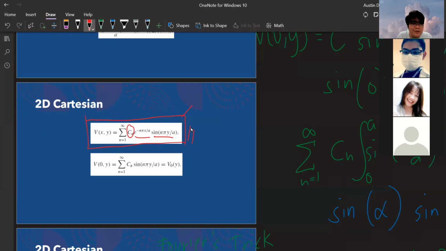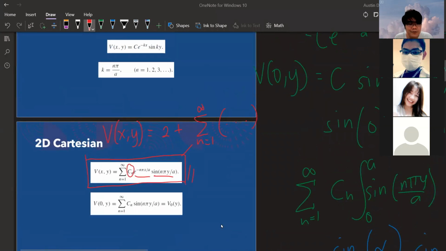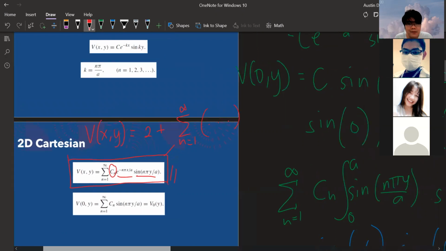So hindi natin pwedeng sabihin na yung sagot is something like 2 plus n is equal to 1 and this whole thing. No, it's not. Ito lang yung pwedeng solution. Okay? Ayun yung solution to the problem.